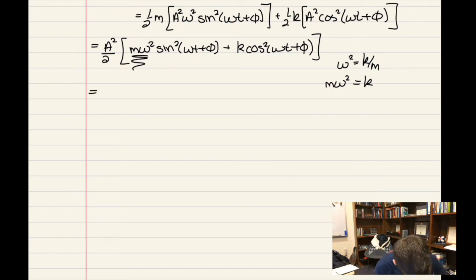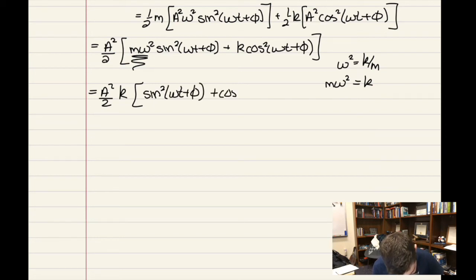So then this becomes a squared over 2, and both terms have a k in them, so I can factor that out. Then it's sine squared of omega t plus phi plus cosine squared of omega t plus phi. If you only remember one trig identity, the one to remember is the Pythagorean trig identity, where sine squared of theta plus cosine squared of theta is unity. That entire thing in the brackets is unity.